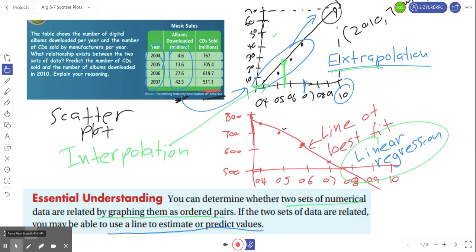So both of these things are scatter plots, and we're going to look at a lot of scatter plots today, and we're going to learn how to do some cool tricks with your calculator with scatter plots.